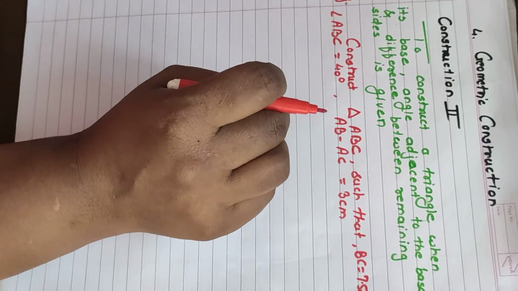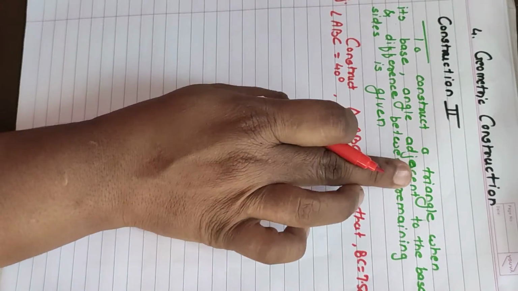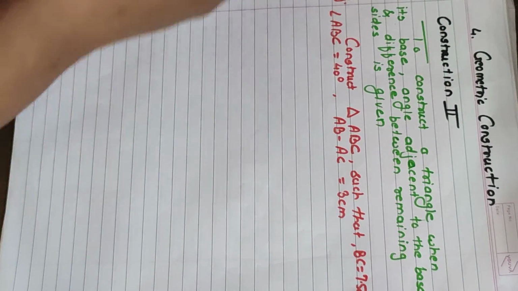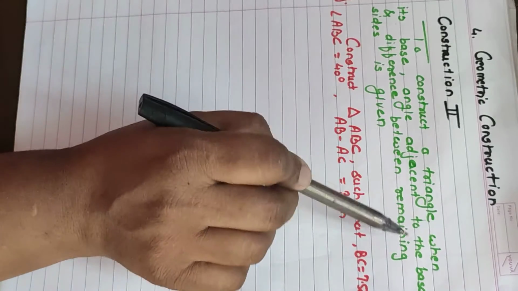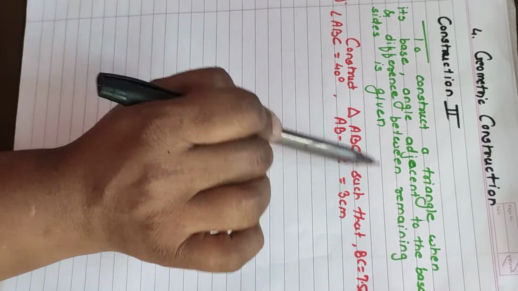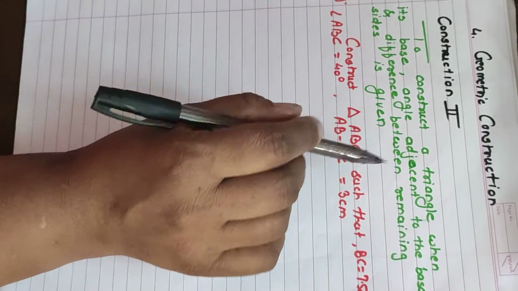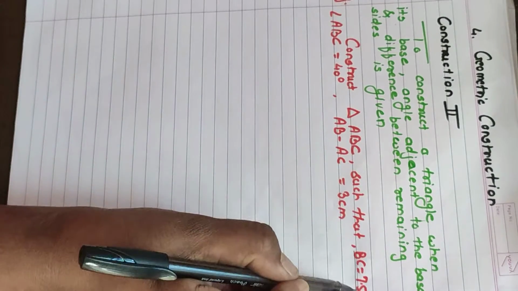So from this what we are understanding, the heading is to construct a triangle when its base, angle adjacent to the base, and difference between the remaining sides is given. Here BC is the base of the triangle.